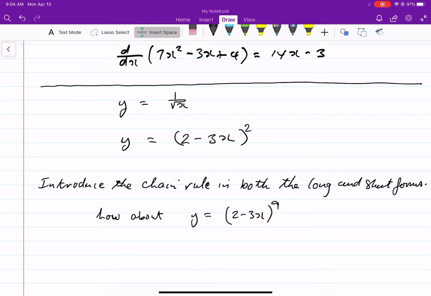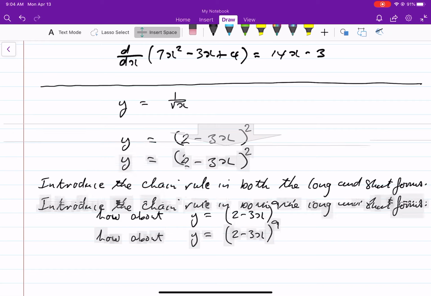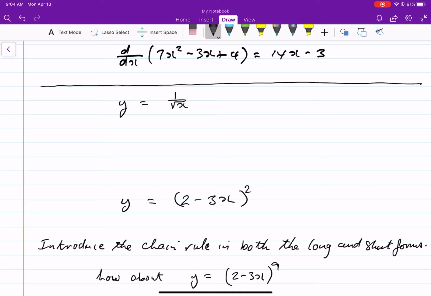Let's say I have y is equal to 1 upon root x. Do you remember how you would go about differentiating that?